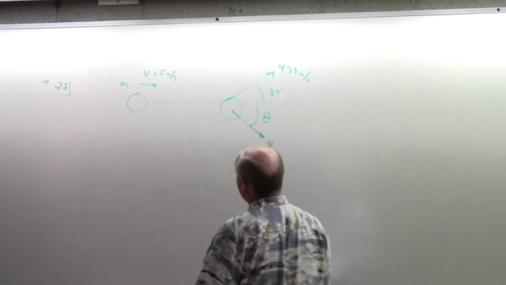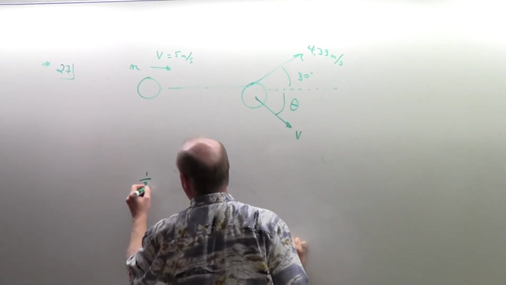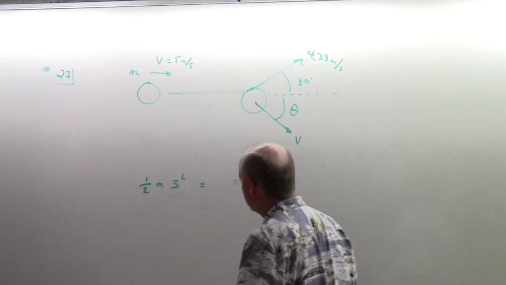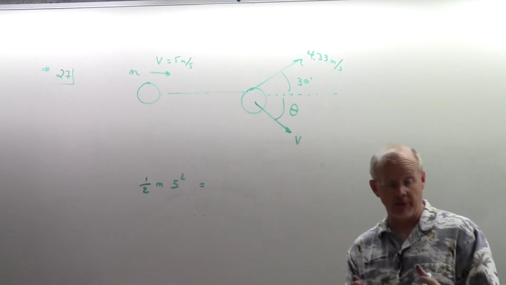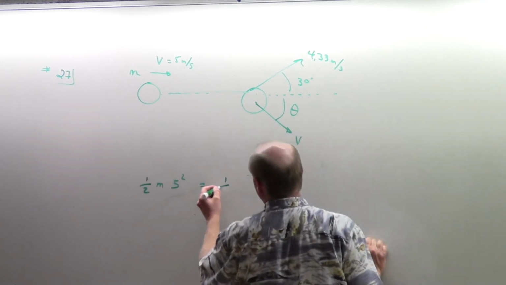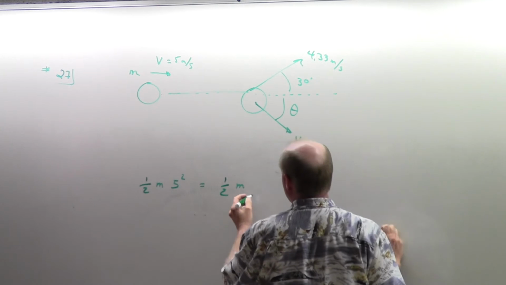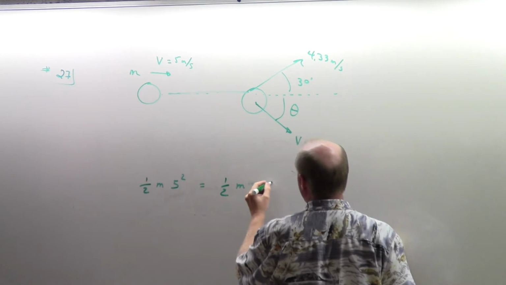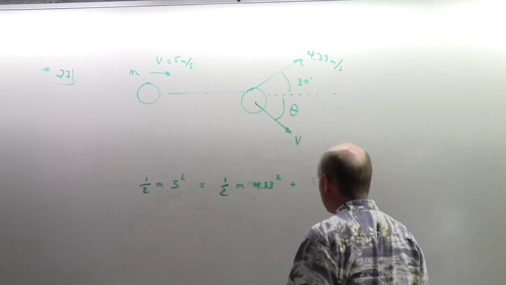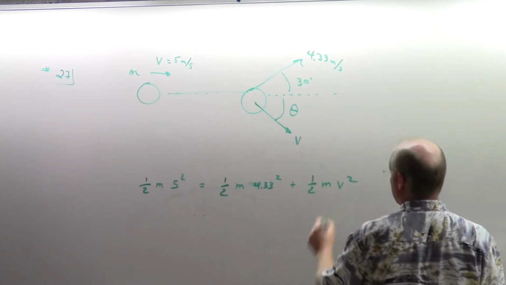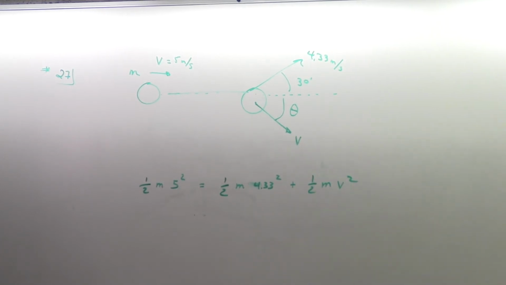So I would start off by saying, okay, 1/2 m 5 squared equals, see, that would be the kinetic energy before the collision. What does it equal? Well, 1/2 m 4.33 squared plus 1/2 m v squared. Oh, actually, I guess that's all I need. Bummer. I wanted to do more than that.